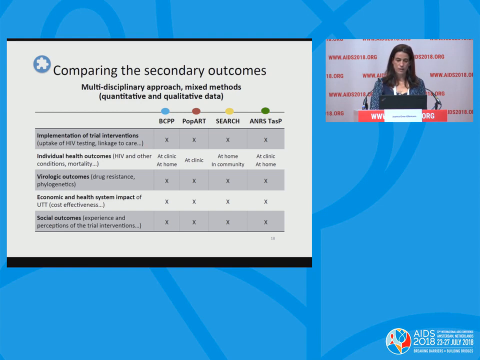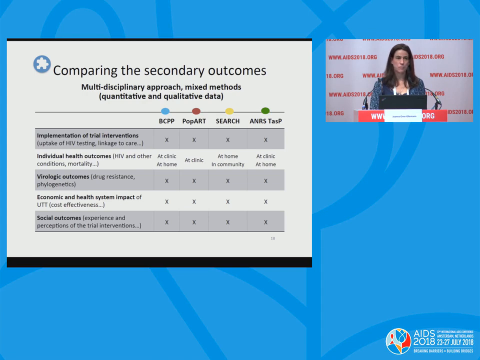So all trials have been exploring the successes and the challenges associated with the implementation of the trial interventions through mixed method studies, quantitative, qualitative, different disciplinary approaches. All have been investigating and documenting community health, morbidity, mortality outcomes, as well as virological outcomes.